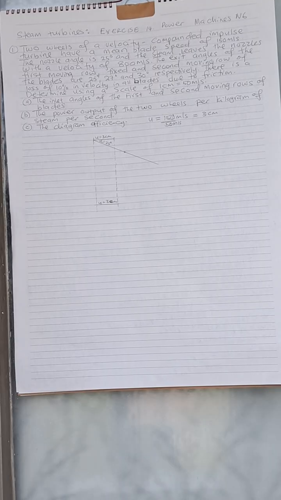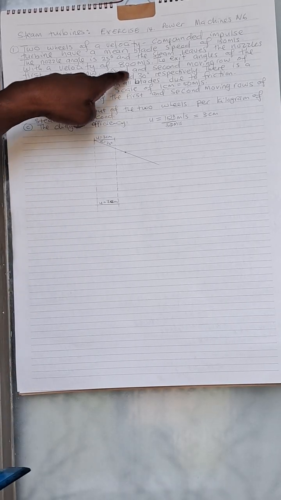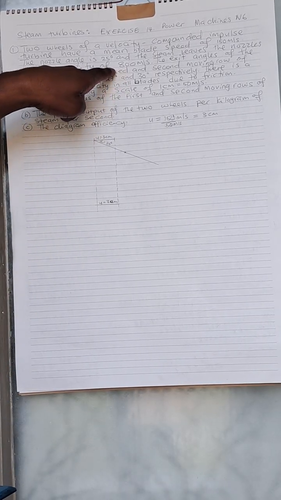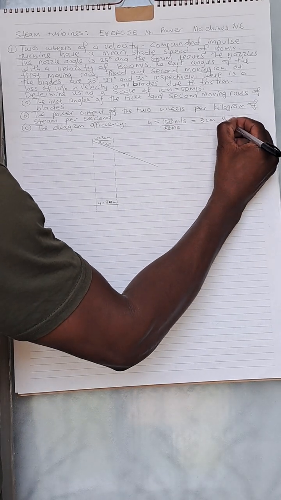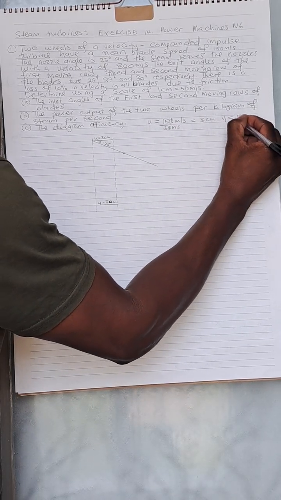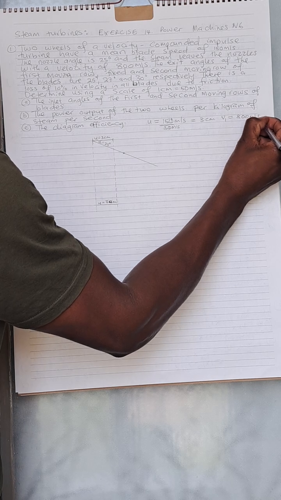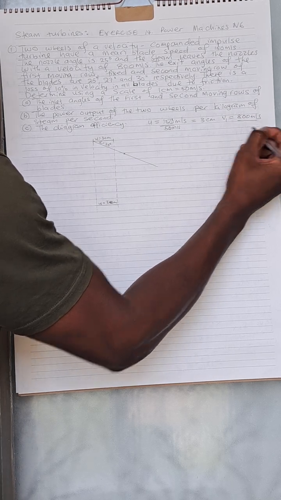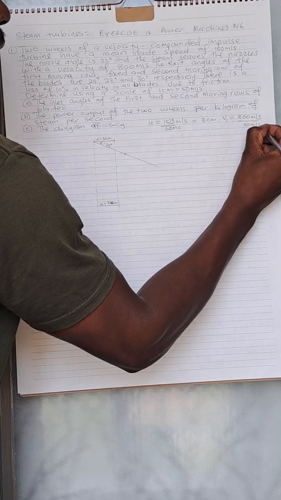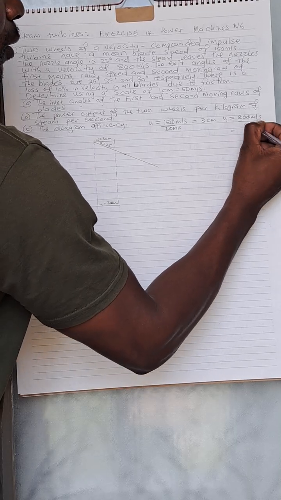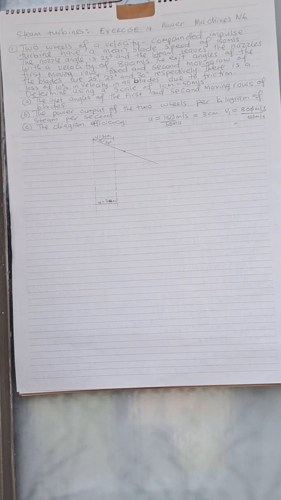While we are on the same stage, they are telling us that our nozzle velocity is 800 meters per second. So nozzle velocity, that's our V1. So V1 equals to 800 meters per second. We divide it by our scale, which is 50 meters per second. So what do we get there? It's 800 divided by 50.